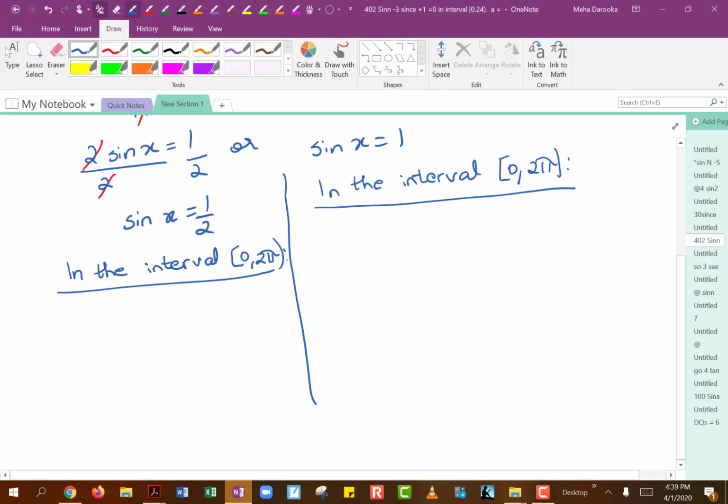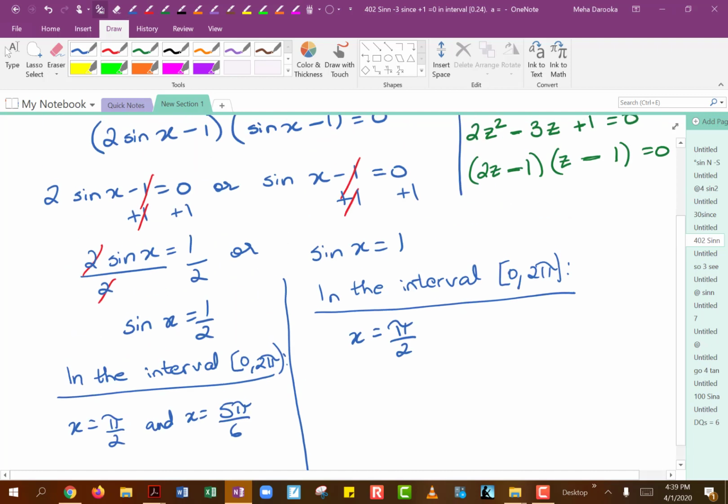Okay, so let's come back here for pi halves. Your x values were going to be pi over 6 and 5 pi over 6. For the sine of x equals 1 function, your x value was of course going to be at the 90-degree angle, or basically at pi halves.